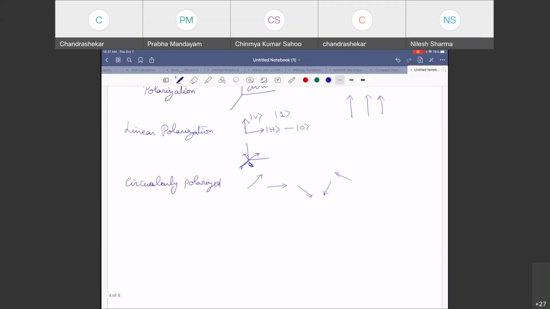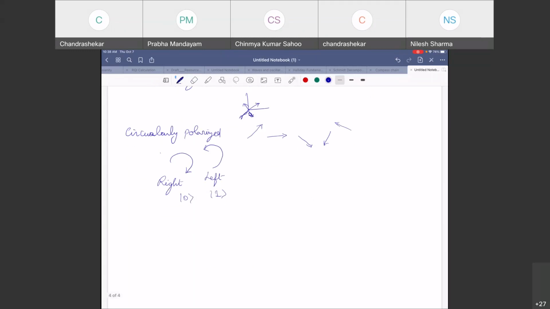So it can circle in this direction or this direction. One is called the left circularly polarized and the other is the right circularly polarized. So this is the right circularly polarized and this is the left circularly polarized. Again, these two things can be assigned as 0 and 1 of a qubit.